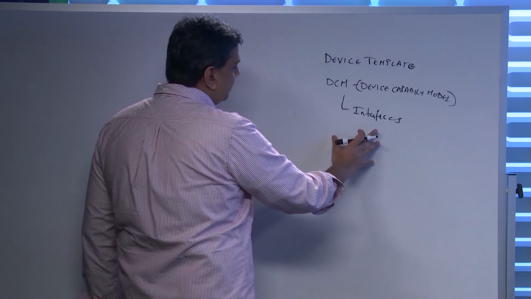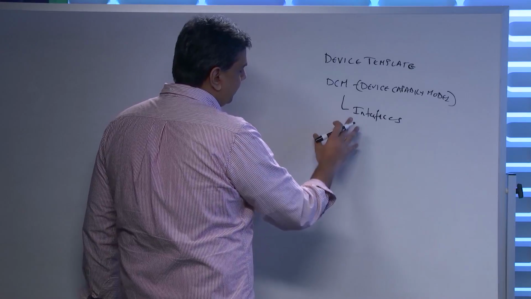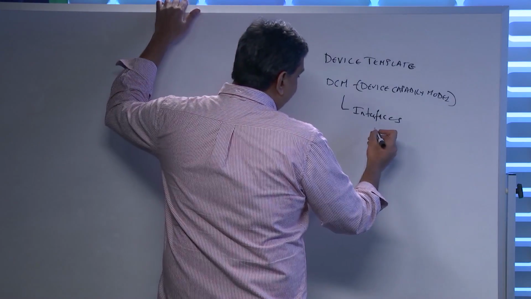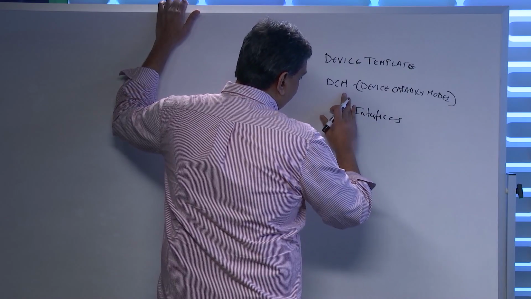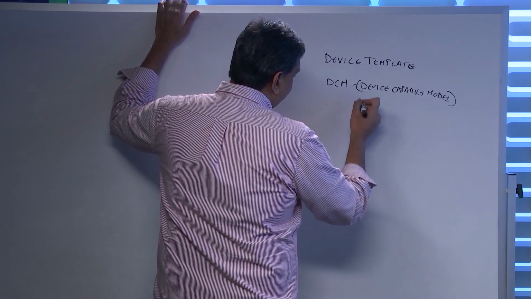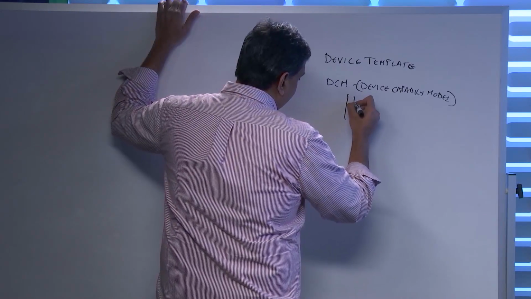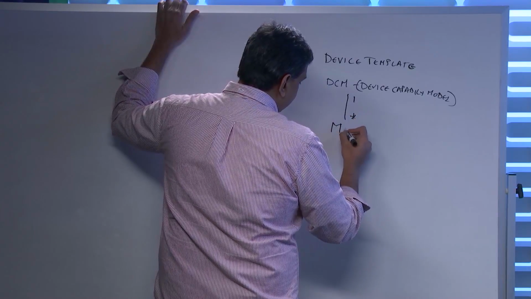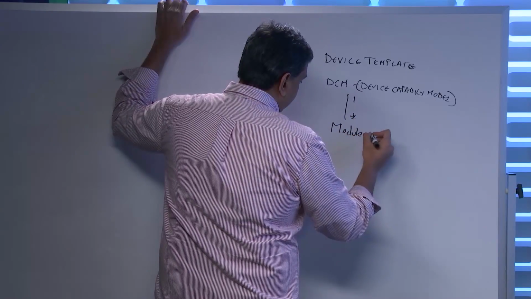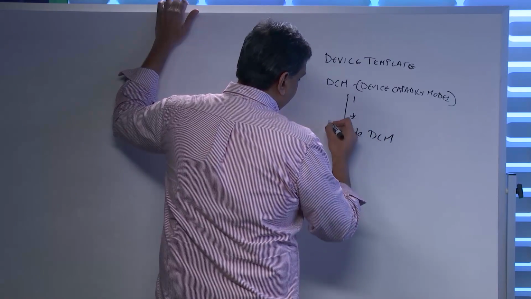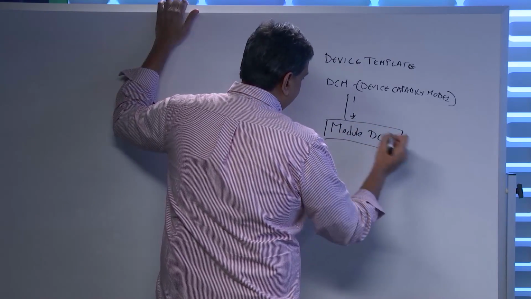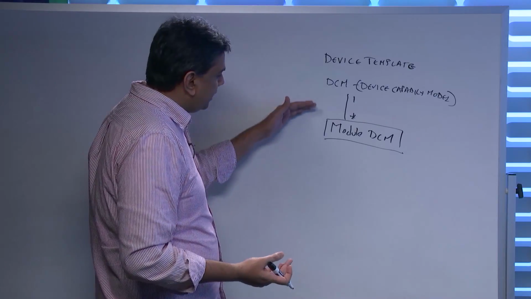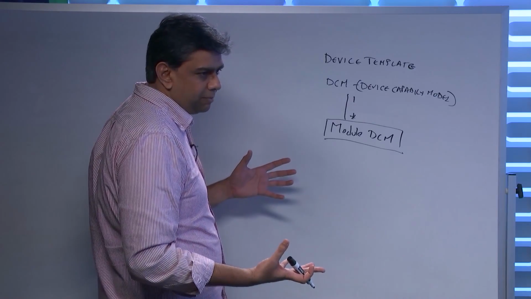So what we have done with the edge is we have added the concept of a module DCM. For every DCM, you start off creating one-to-many module DCMs, so a module capability model. You could have like 10 modules running, and each module gets its own capability model.